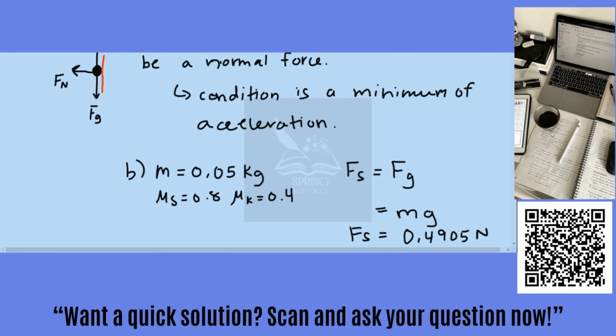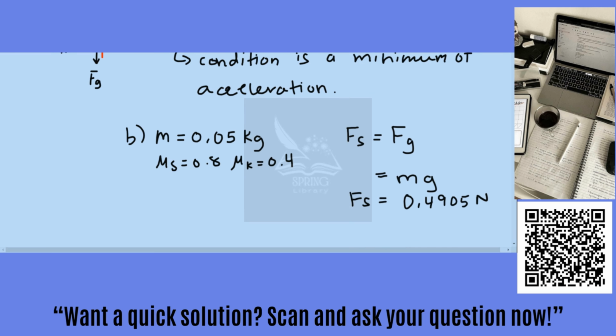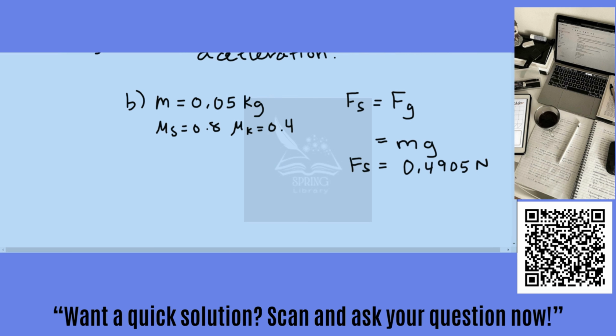Once we have the static friction force, we can then calculate the required normal force, right? So we know that, let's say, the static friction force is equal to mu s Fn. That's the value of the maximum static friction force.